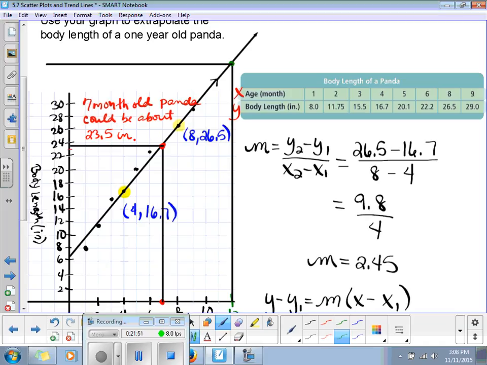So this is 30, counting by 2: 32, 34. I think I have too much space in here. So that's about 38 inches for a 1-year-old.